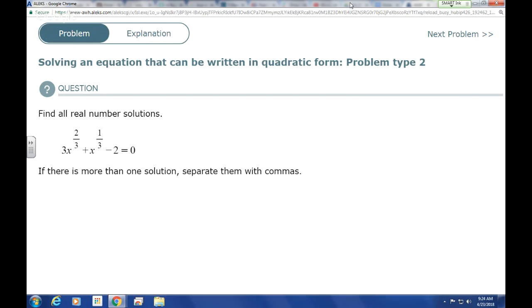Okay, this is the same problem we just did. It's just problem type 2. So they made it a little bit more complicated, or made it different. Where did I say we draw our attention to? The thing that we take off to the side, the middle. So I take this middle thing here, and I go off to the side and say x to the 1/3 equals blank.